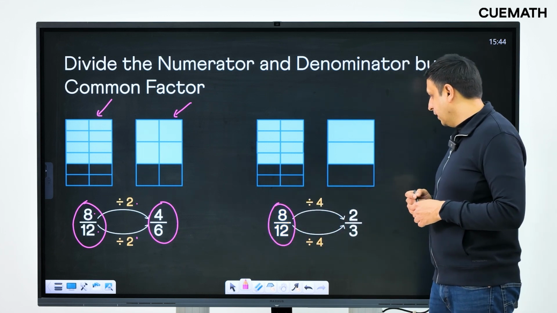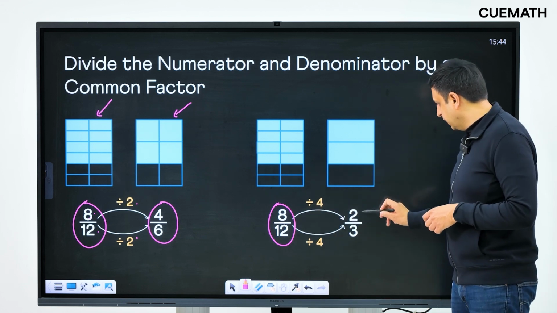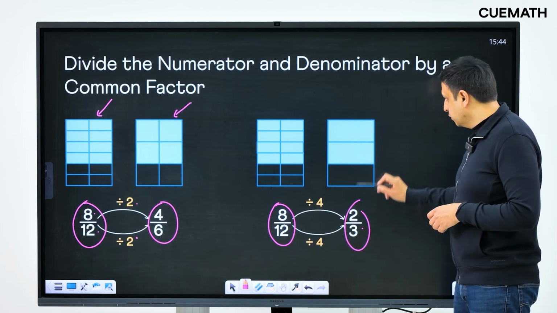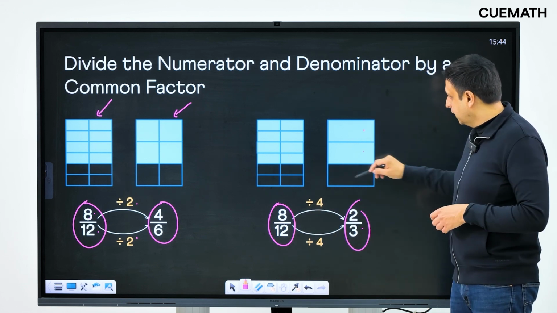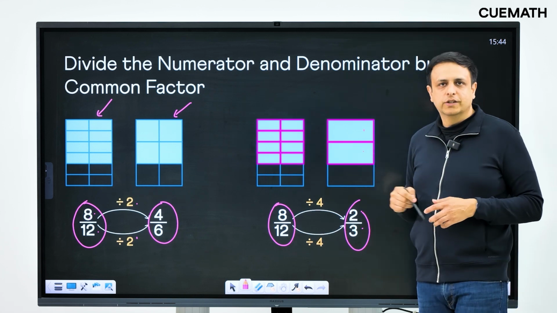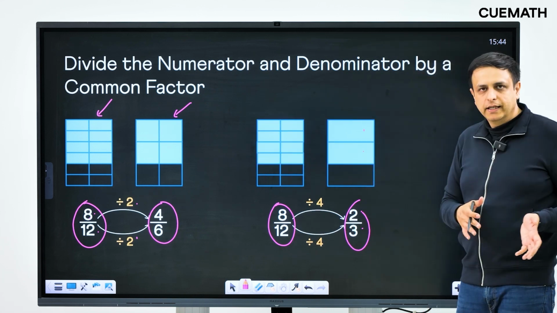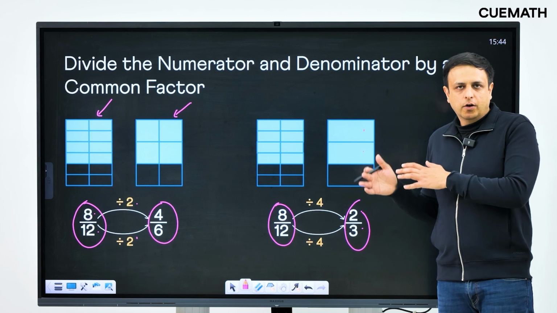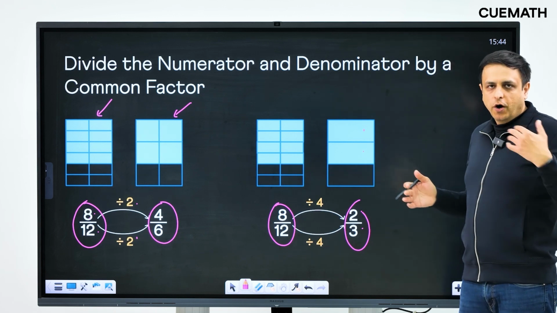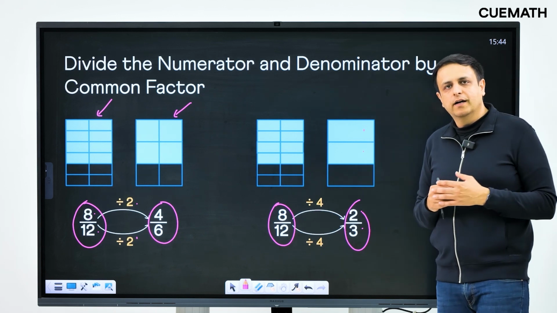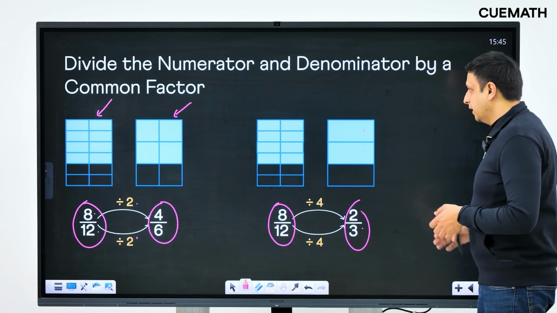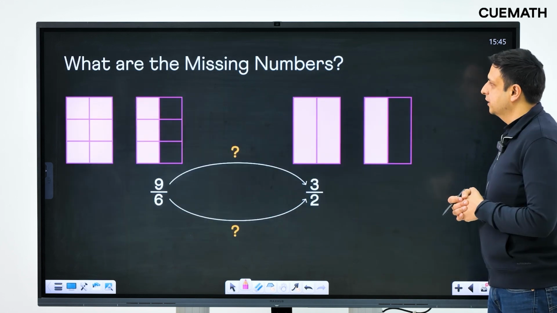Divide above and below by 4. So you get 2 in the numerator, 3 in the denominator. You get this new fraction 2 over 3, and clearly you can see that this is equivalent to the original fraction. So you can either multiply the numerator and denominator by the same multiplier, or you can divide the numerator and denominator by the same factor, and in both cases you get an equivalent fraction.